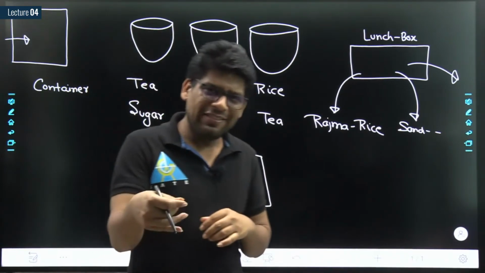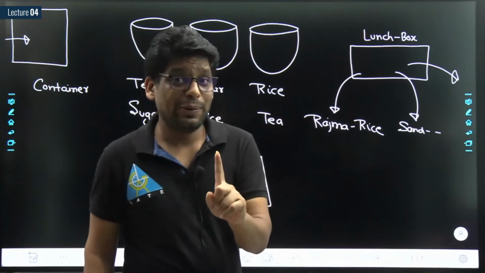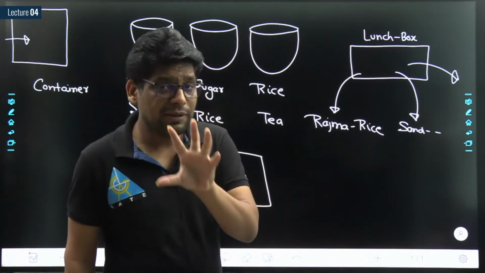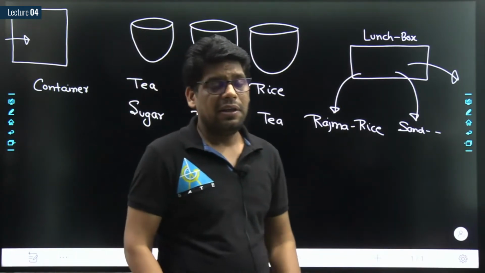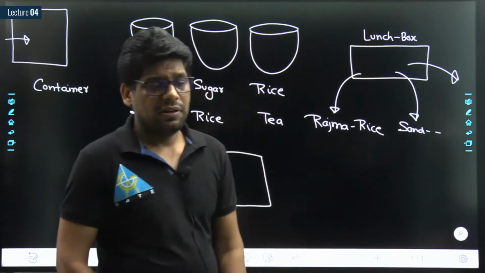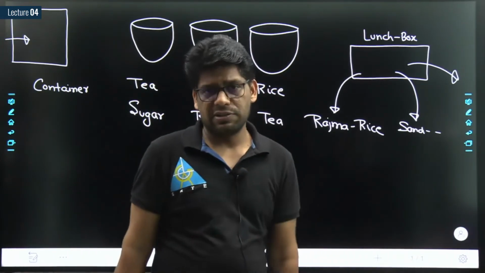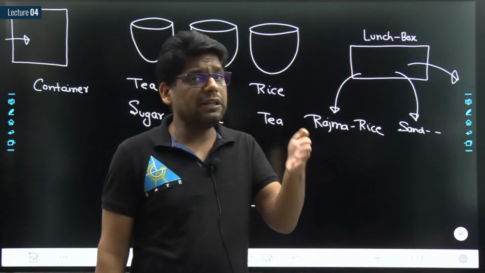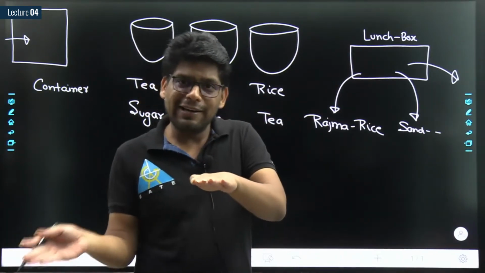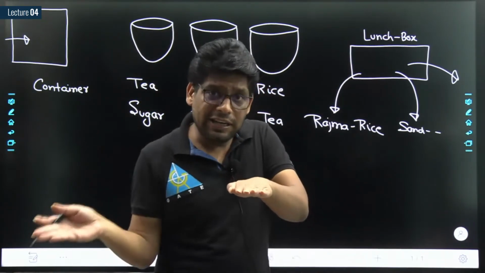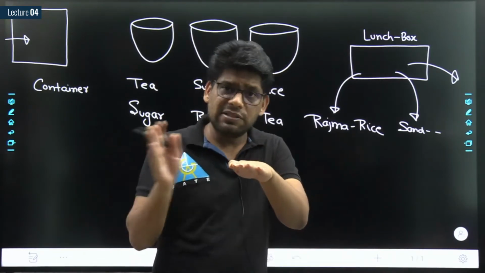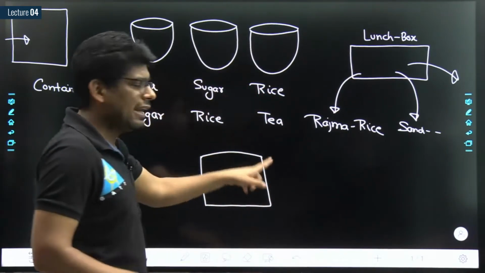Do you use polythene? No, sir. That means, sir, if we talk about containers, there are different types of containers, and depending upon the type of container, it contains the goods. That means every container has a type.